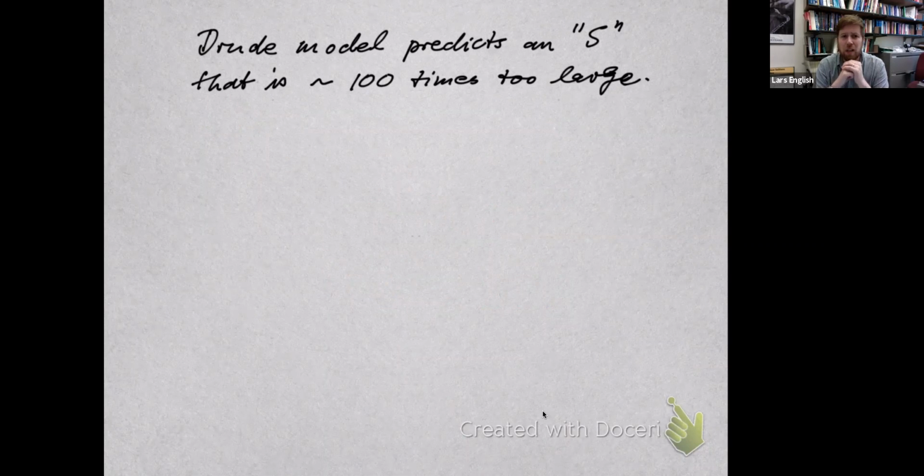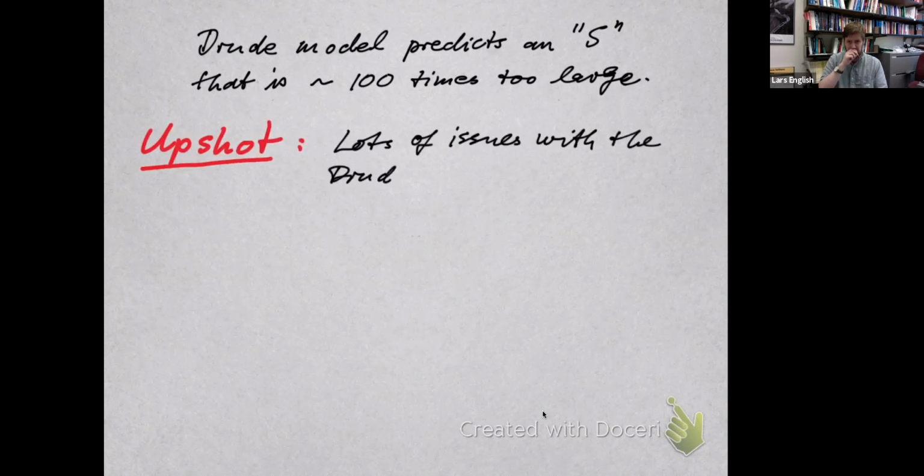That constant is predicted to be about 100 times too large compared to what we measure. A factor of 100 is quite severe. We're just way off, and that counts as another failure of the Drude model.